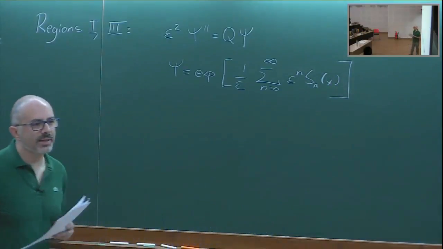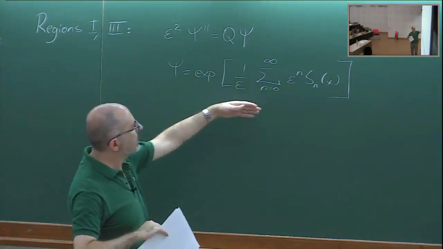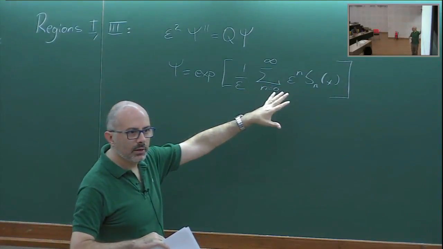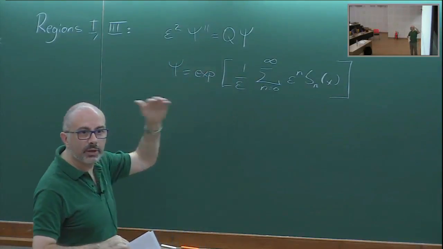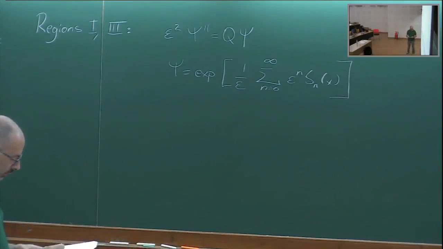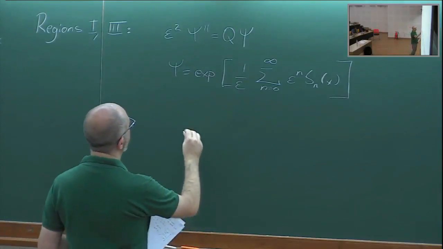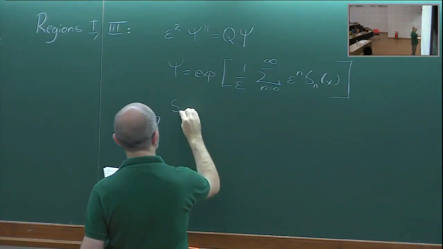So I'm sure you have seen this before. This is the standard idea behind the WKB approximation. You say, let's suppose that we have a phase that is changing in this way, and we plug it into the differential equation, and we solve order by order in epsilon. Now, if you do this, you're going to find a differential equation that looks like this.